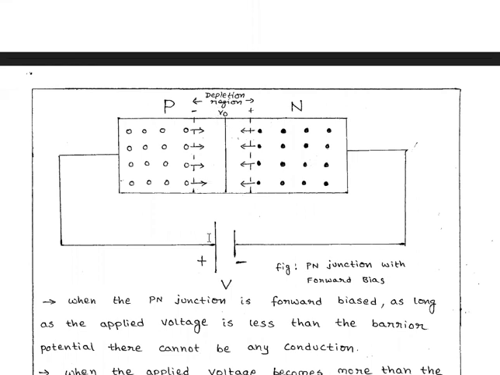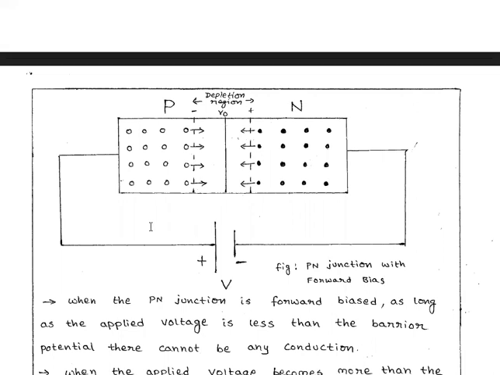Up to the battery potential applied to the PN junction being less than V0, that is the potential barrier voltage, there is no conductivity.